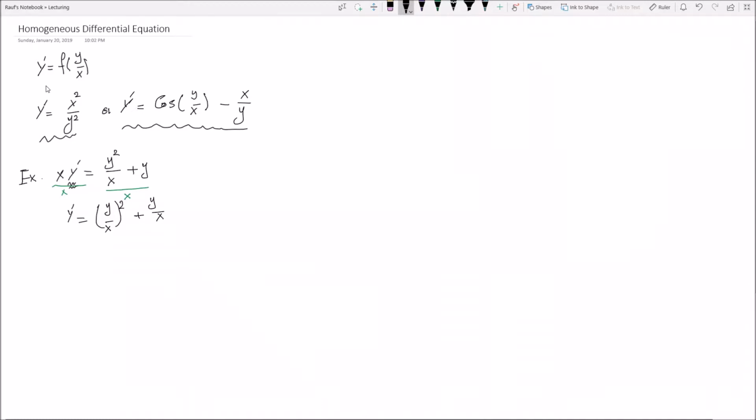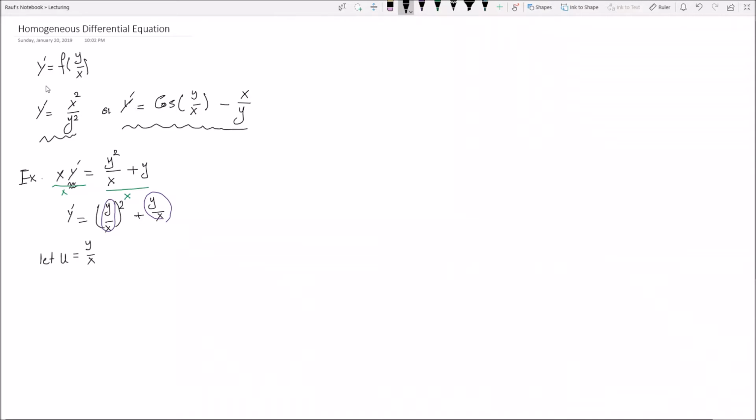Now we assume y over x to be a certain variable so that it will make it easy for us to handle the equation and find the final solution. In this case, we will say let u equal y over x.